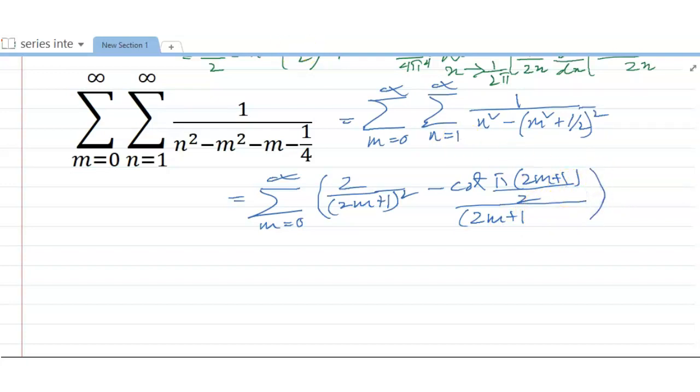So friends, this value is 0, as cot pi by 2 is equal to 0.